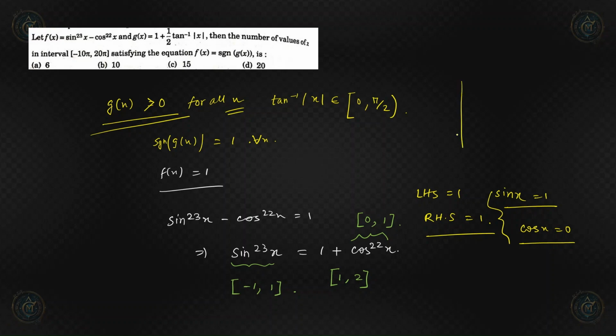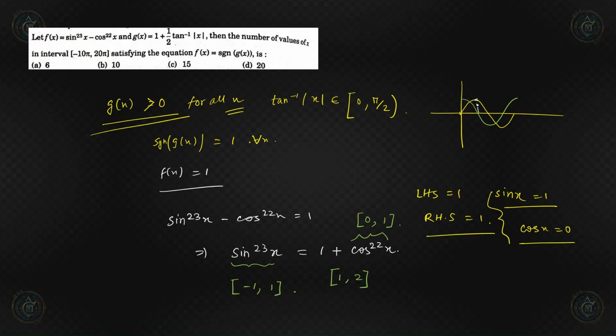Okay. So in closed 0 to 2 pi, if we observe, sin x looks like this, and cos x looks like this. So what will be the solution here? So this is cos x. We can see only one possible solution, right?